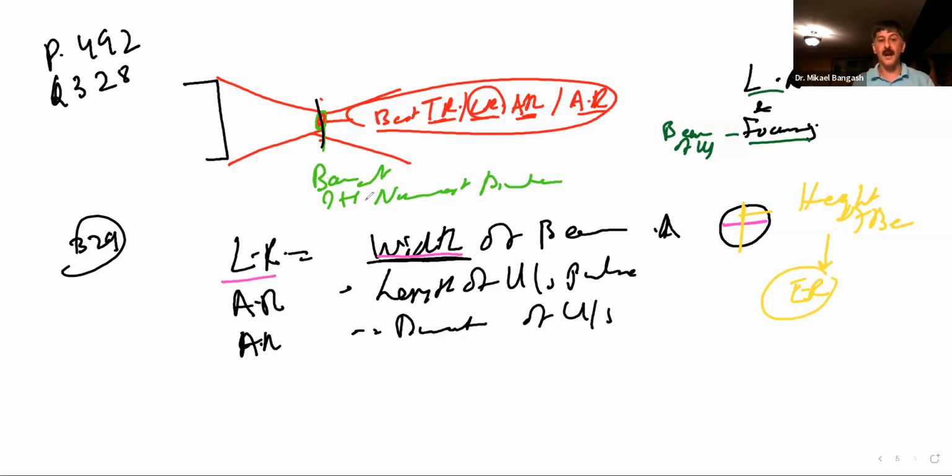So if it had said height of the beam, that would not have been an answer for your lateral resolution. Clear? So it has to be the width of the beam. That will determine your lateral resolution.